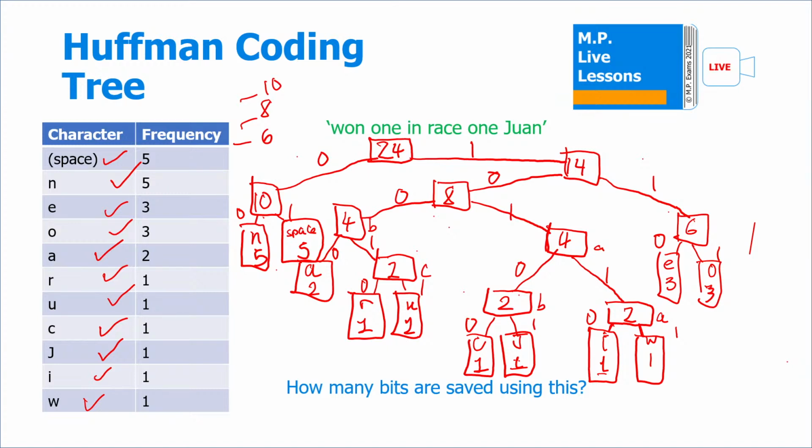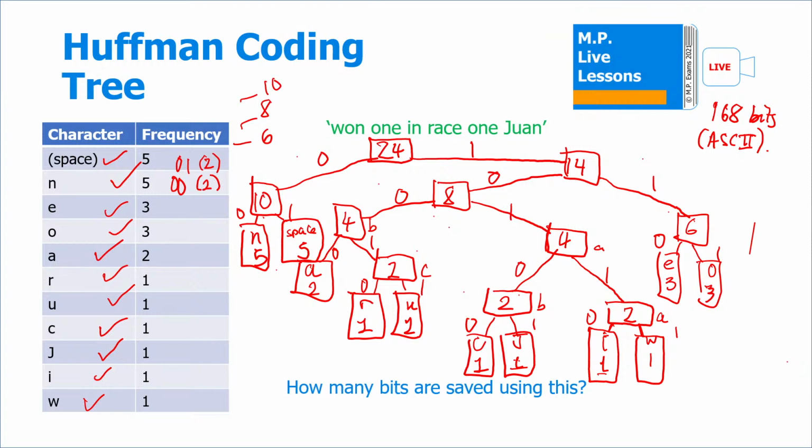Now, if I draw the bit patterns to get each character, for example, the space, you go down the left once for the first time, so that's 0, then 1, so that's just 2 bits you need. N is also 2 bits because you have a 0, 0.